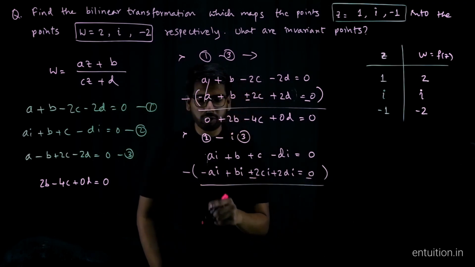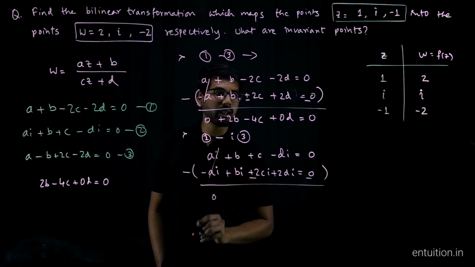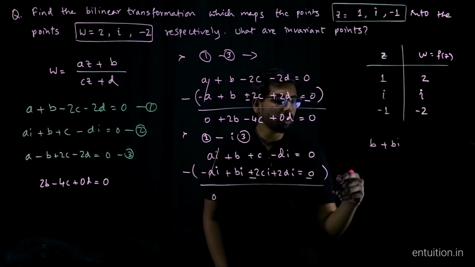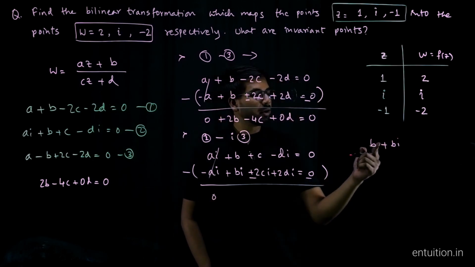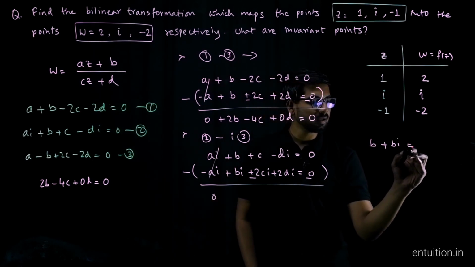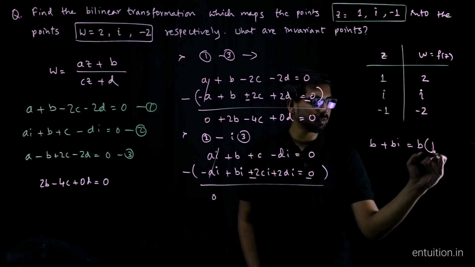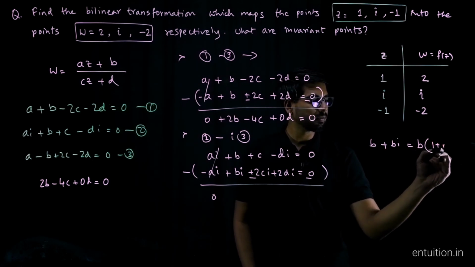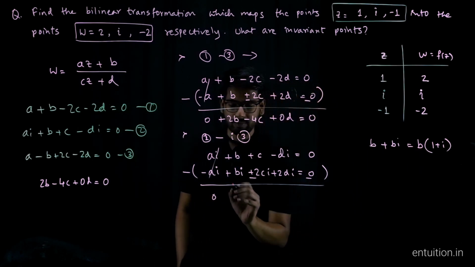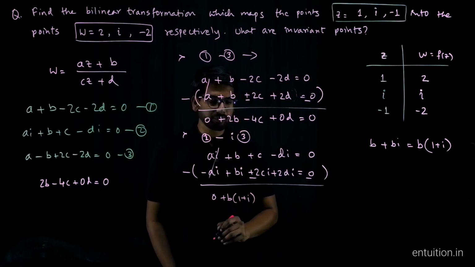So ai minus ai is 0. b plus bi: here b plus bi is not 2bi or something like that. You have to have i on both the terms, then only you can add or subtract. Otherwise, you just have to factor out b. If you factor out b, you get 1 and plus i. So b plus bi is nothing but b times 1 plus i.